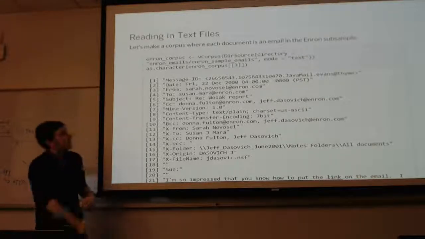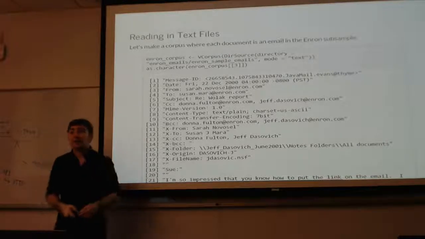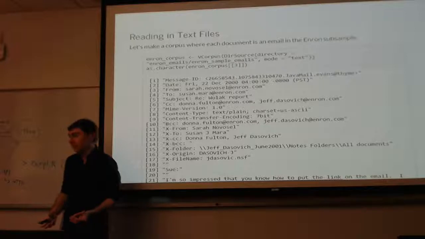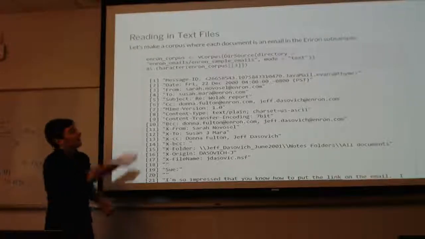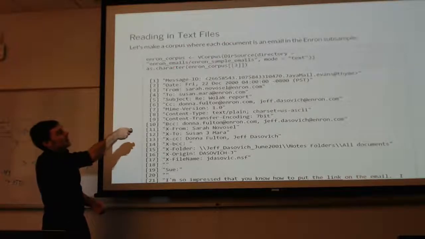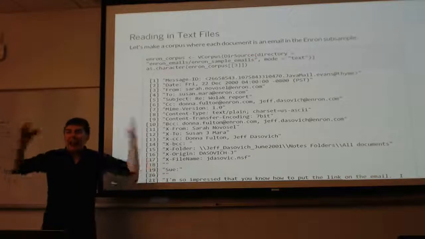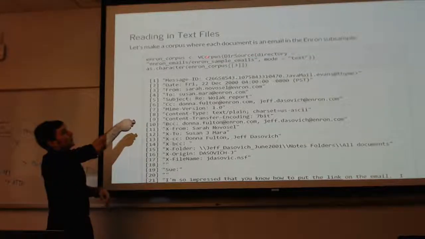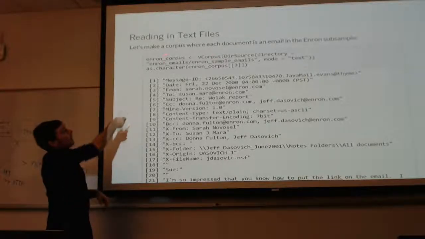So I use DirSource, where I specify a directory that contains the documents I want loaded in, and it gives me everything in that directory and turns them into documents. So directory equals these Enron sample emails, mode text. That will pull in every text file in that directory, which I then put into the VCorpus that I used at the beginning of this section to create the Enron corpus.